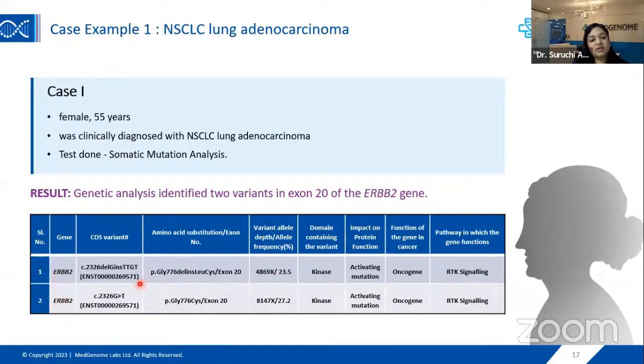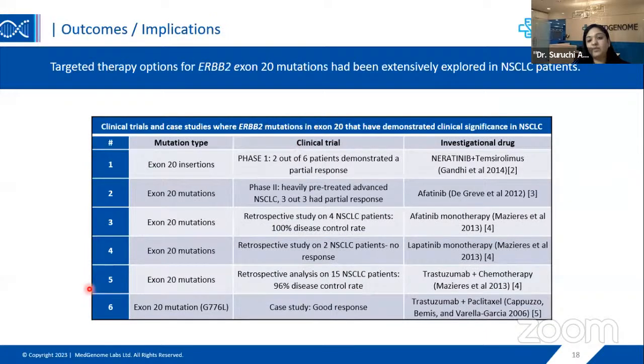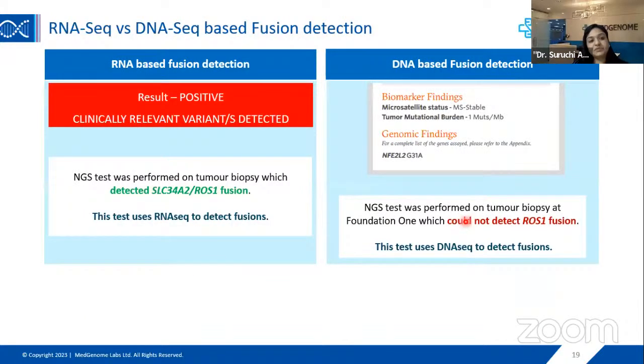Here we got an exon 20 insertion in the HER2 gene at 23.5%, and a classical 776 codon mutation at 27.2% in this particular patient. And if we had only done EGFR by RT-PCR or ALK-ROS IHC, we would have missed this important target, which has multiple drugs in clinical trials as well as an approved drug.